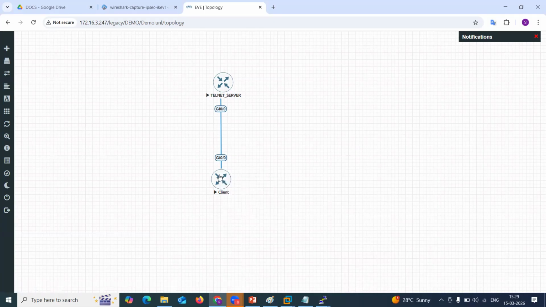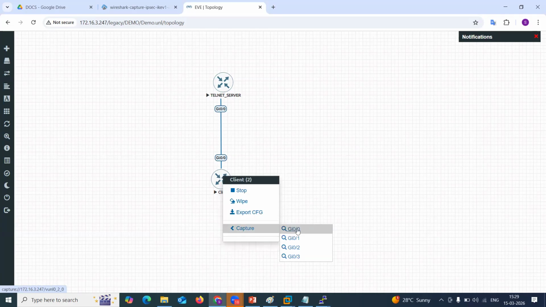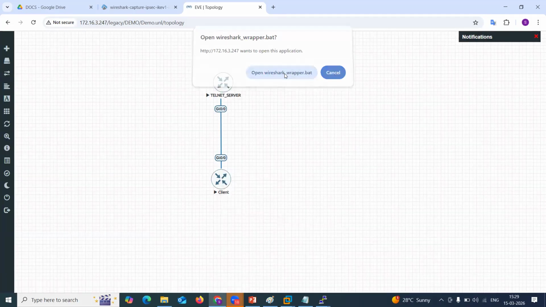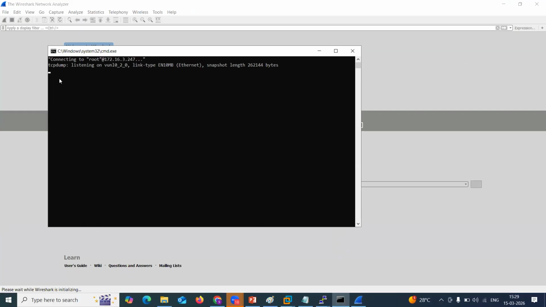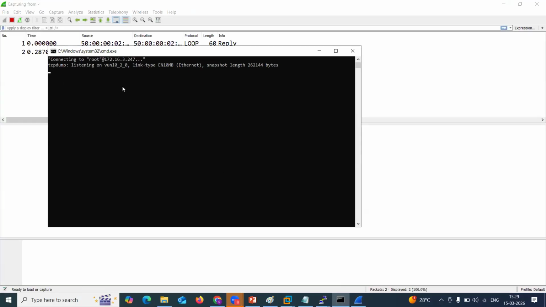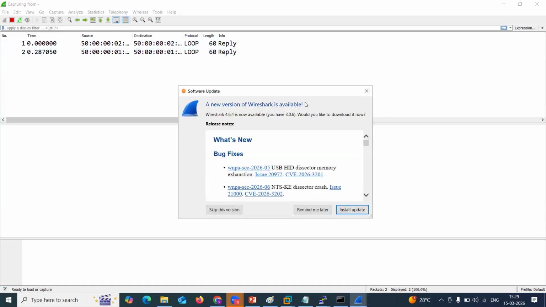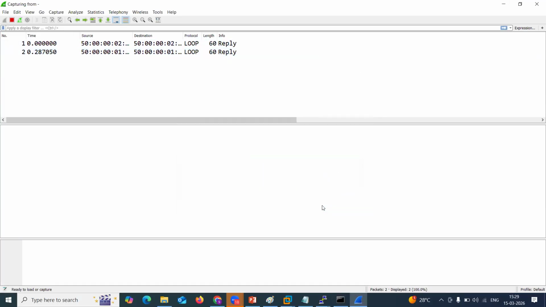So right click on a device, go to capture. In capture, which interface? Here I have G0/0. So click on G0/0. Open Wireshark. In this black screen, it should not show you denied. If it shows denied, then you have to fix the issue. So for me, it's all good.